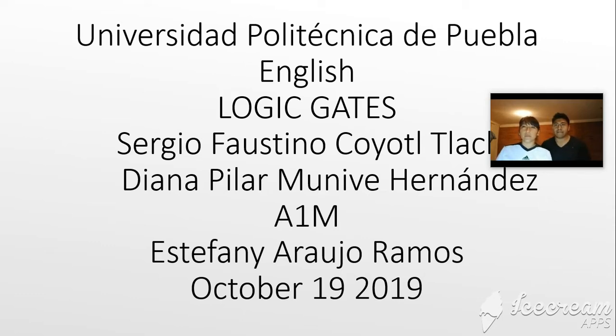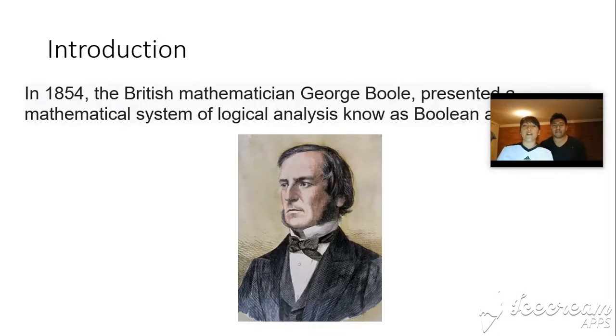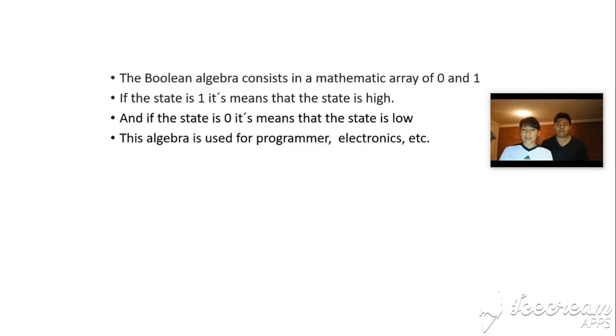In 1854, the British mathematician George Boole represented a mathematical system of logic analysis known as Boolean algebra. Boolean algebra consists of a mathematical array of 0 and 1.